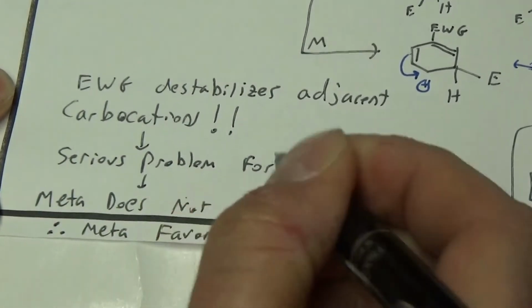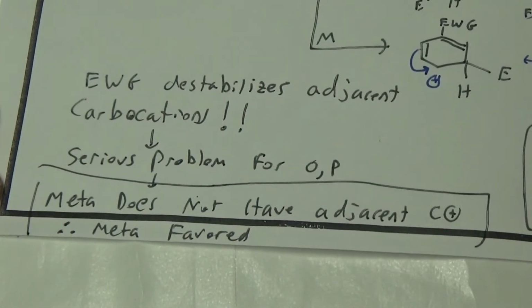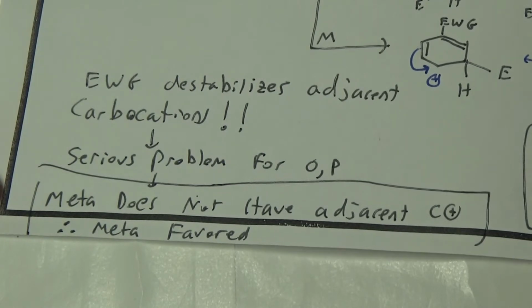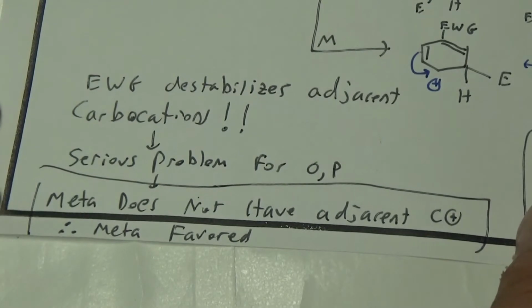So hopefully that explains why these electron withdrawing groups are meta-directors. It's the opposite reasoning for why electron donating groups are ortho-para directors. Cool.